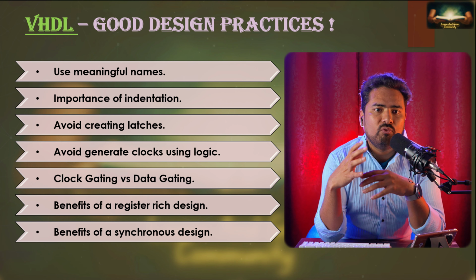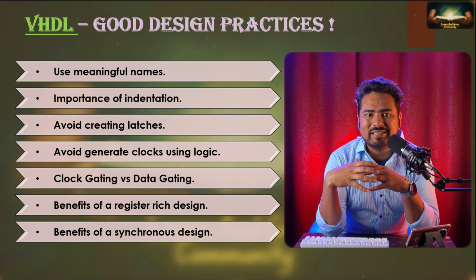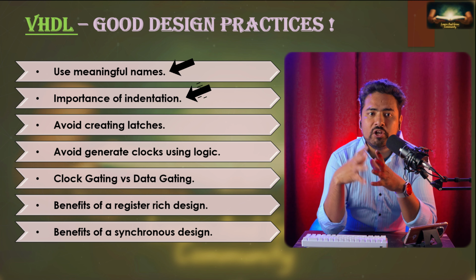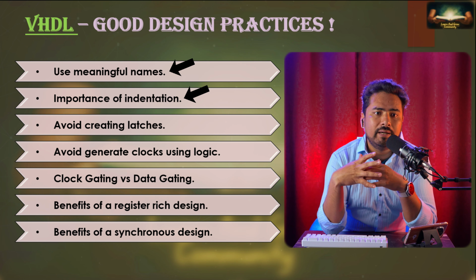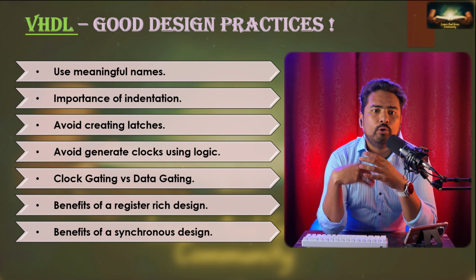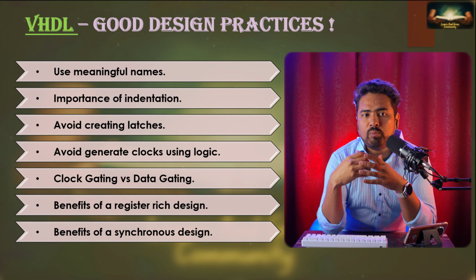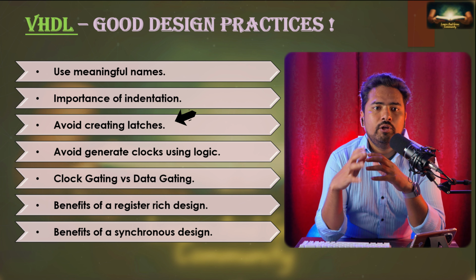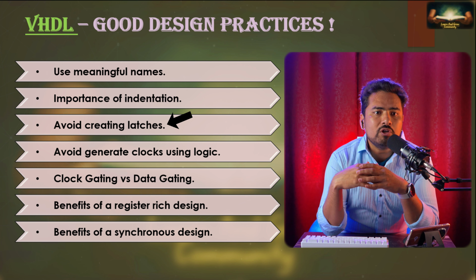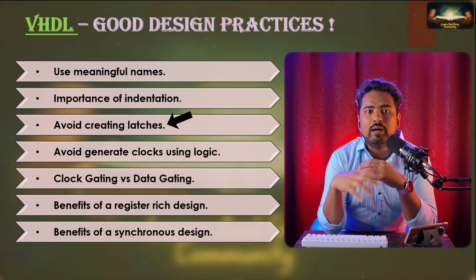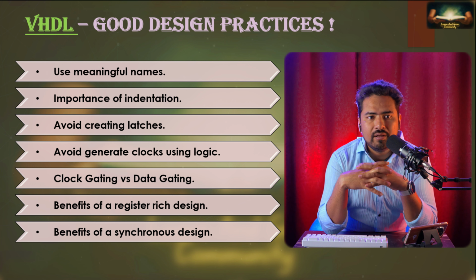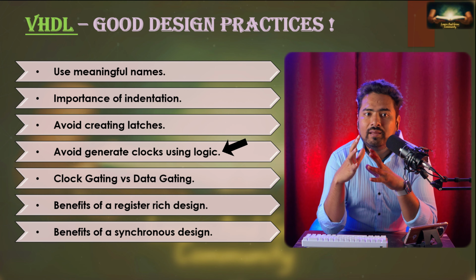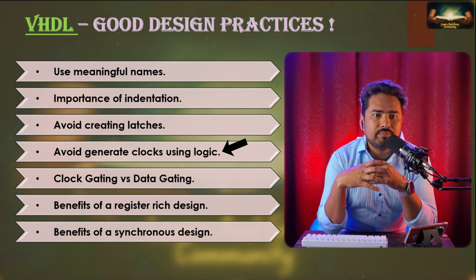So, a quick summary of what we have covered till now in the best practices. First, always use meaningful names and proper indentation to enhance your code readability and maintainability. By doing this, your code appears more professional and self-explanatory. Next, avoid using latches as they can cause timing issues and lead to unreliable circuit behavior. Fourth, do not generate clocks using logic, as they can affect your design performance.